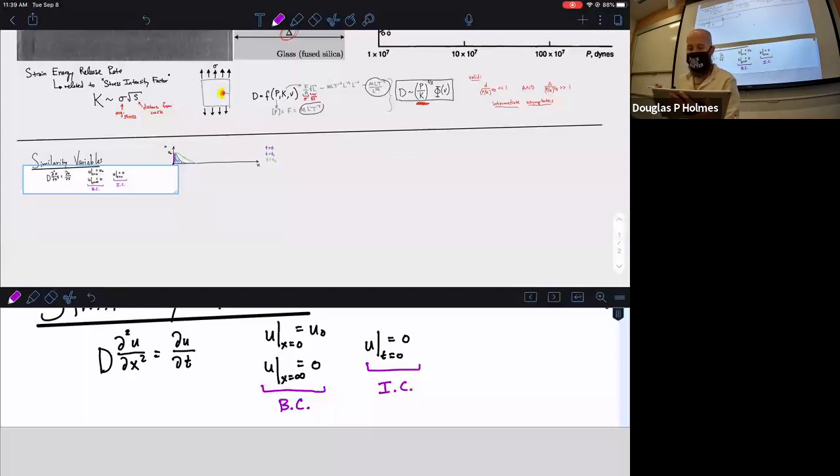I'm going to use this as an opportunity. One of the things that always, I think, throws off people when they're first introduced to dimensional analysis is how do you do dimensional analysis when you have derivatives involved? It just kind of looks, what does that mean? But it's actually quite straightforward.